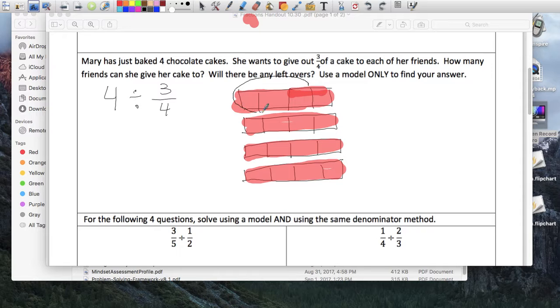The first friend gets these 3/4. The second friend gets this second 3/4. The third friend gets another 3/4 of a cake. Fourth friend gets another 3/4. And then we got going here, that's also 3/4, right? So I can give it to 1, 2, 3, 4, 5 friends, who will surely get 3/4.